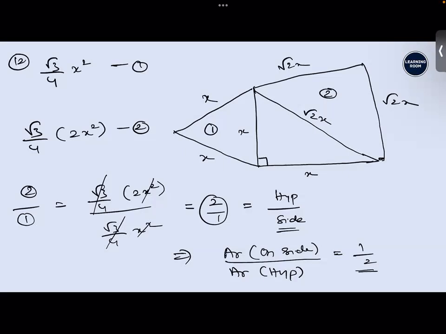So how many more chapters are pending for you? That's it. 3. Not there.